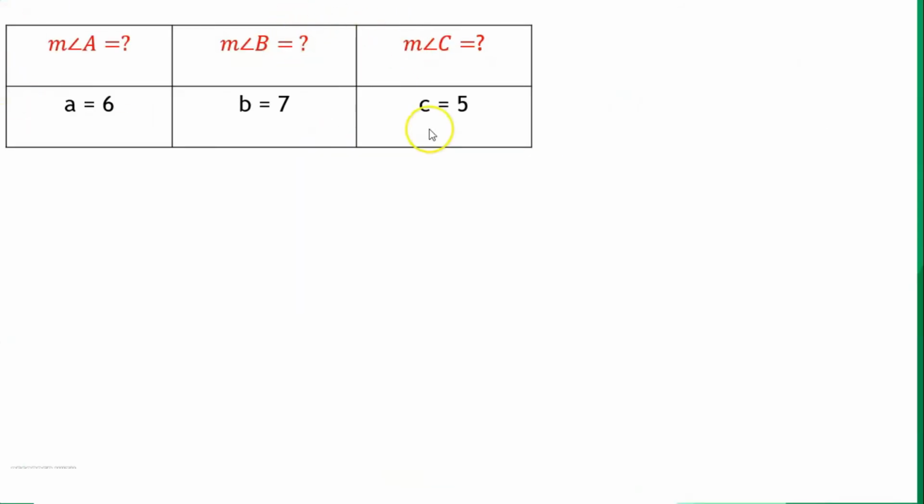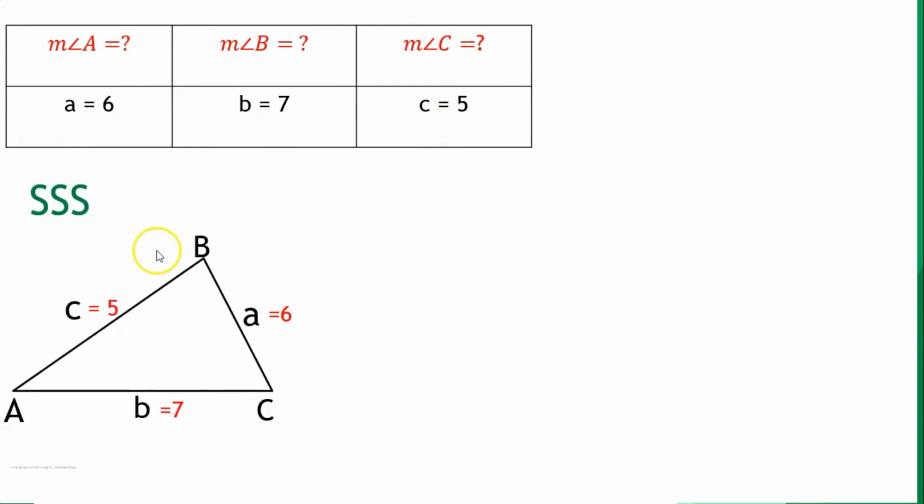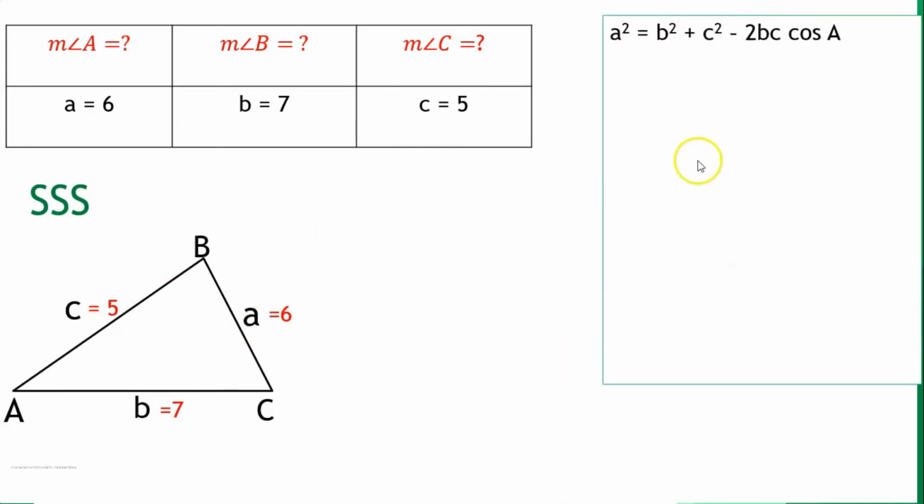Okay, let's have this. All the given here are sides of a triangle. So this is SSS. Our a is 6, our b is 7, our c is 5. Find the measure of the angles. Again, making use of the law of cosines, we will have this. We can derive for cosine A, or we will simply substitute until the end.